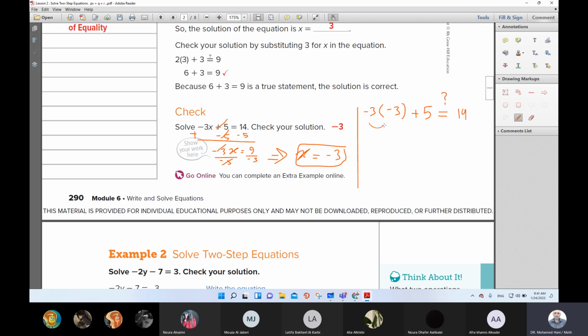Negative 3 times negative 3 will be 9, plus 5. 9 plus 5 will be 14. Yes, 14 equal 14. So this is the right equation, means this is the right solution.